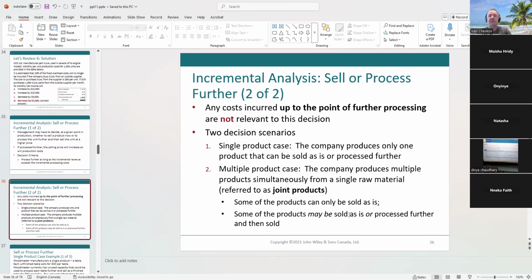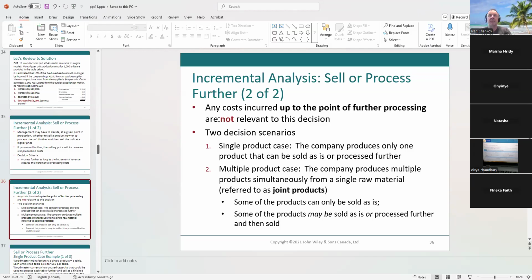First, a single product case, where the company produces only one product that can be sold as it is or processed further. Second, the multiple product case, where the company produces multiple products, called joint products, and some can be sold as is, or even processed further.